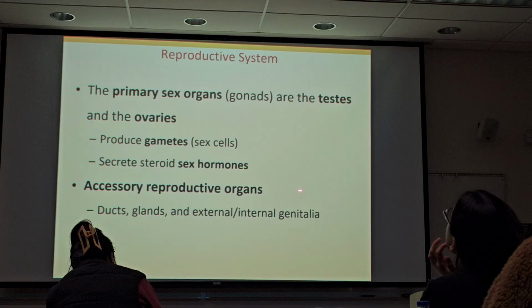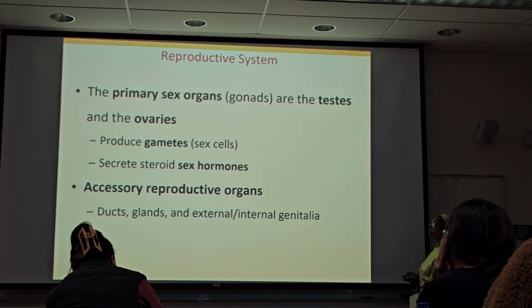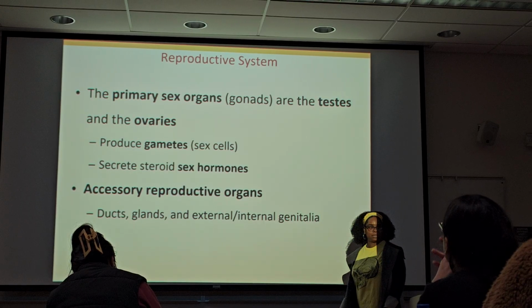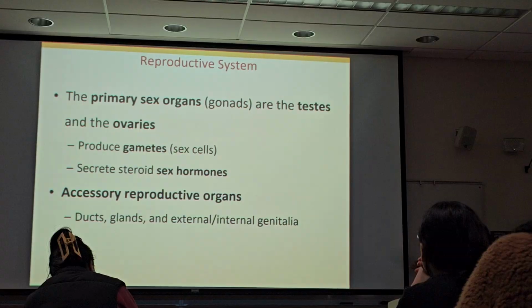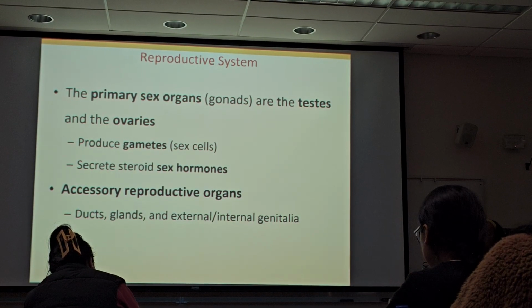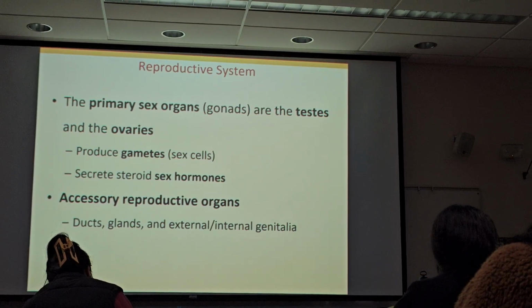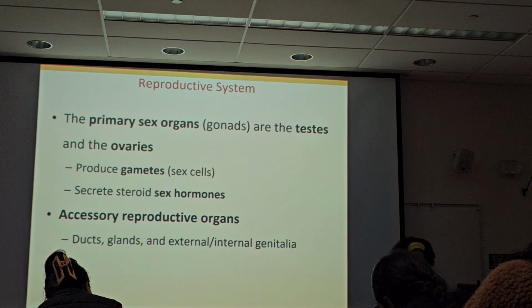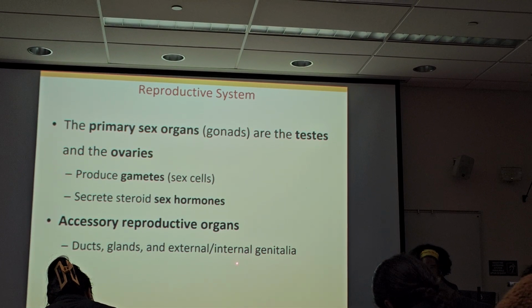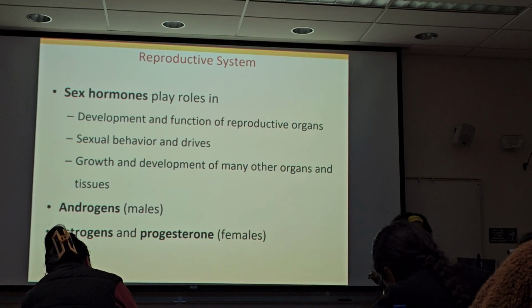Then through the reproductive tracts of the female and the male, we'll see that there are accessory organs that make something that they secrete into these tracts, same as in the other tracts we've seen. And there are structures that are internal genitalia and structures that are external genitalia.